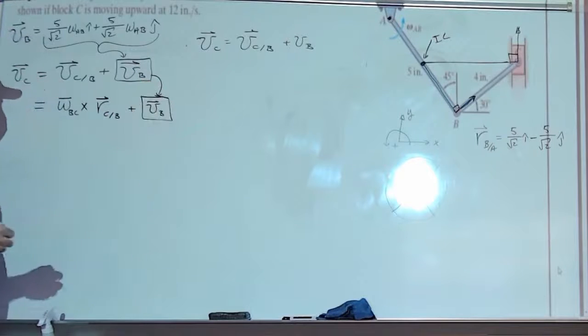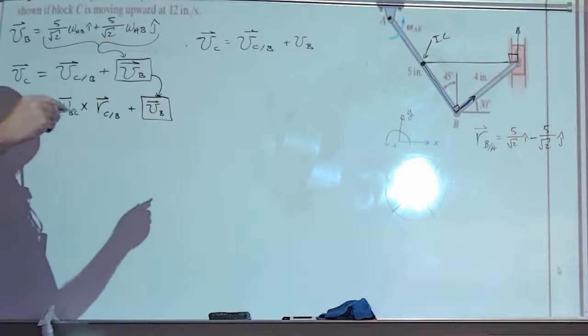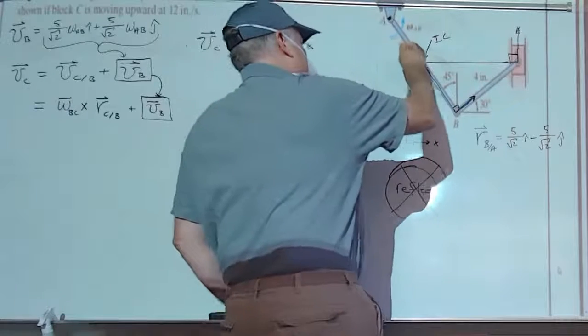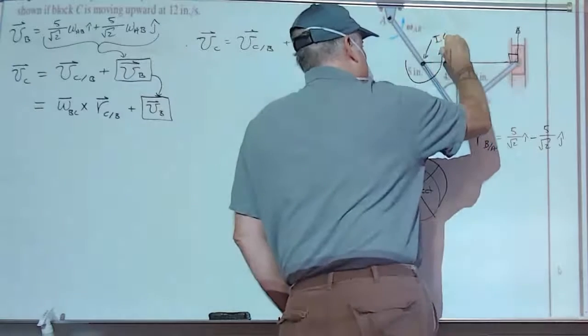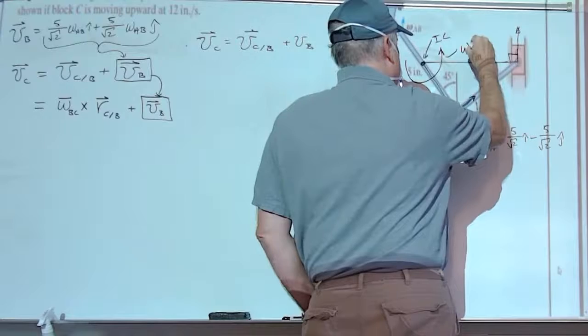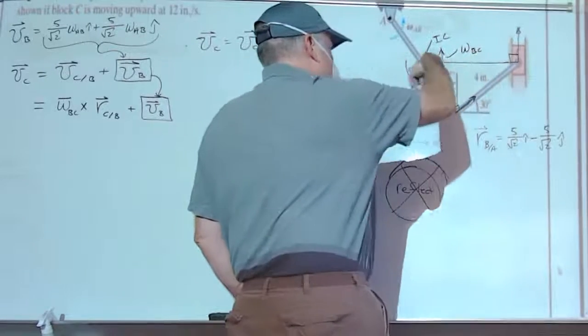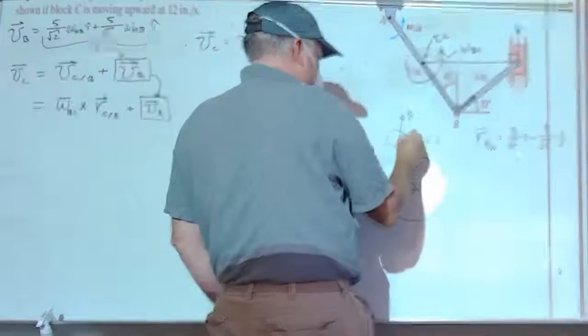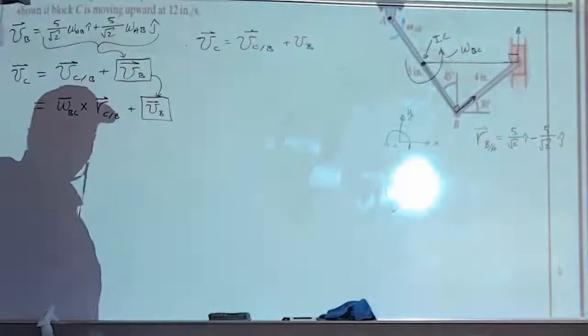I'm just going to carry that. This is what appears to be omega BC, the rotation about C. I'm drawing it in the positive direction. It's probably going to be positive.